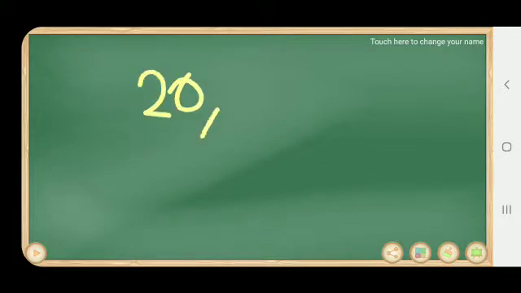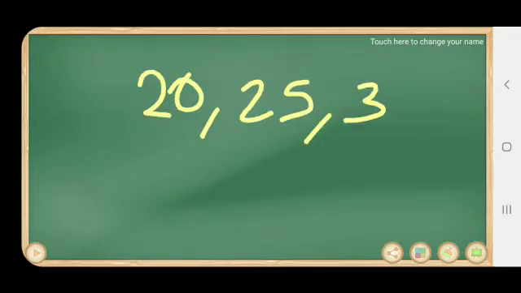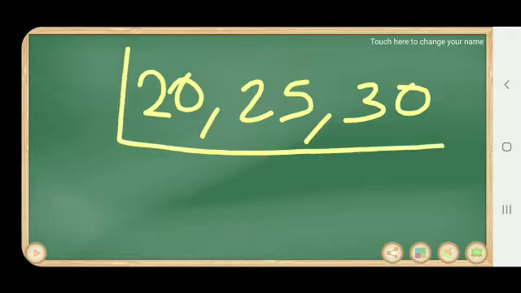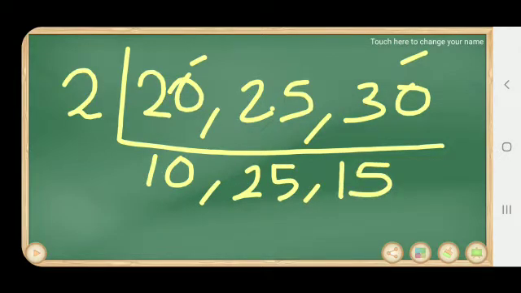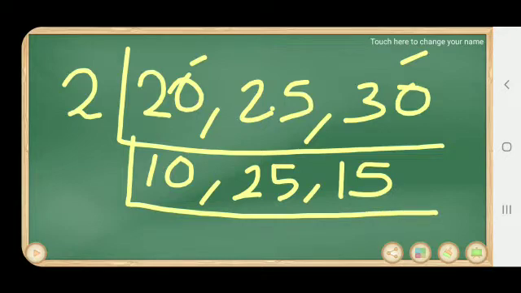In 20 and 30, 2 is there, so 2. 10, 2's are there. In 25, there is no 2, so write down the same number. In 30, 15. Dividing by 2 is very easy, just take the half. In 10, 25 and 15, what is the number? 5 is there, otherwise in 10, 2 is there.